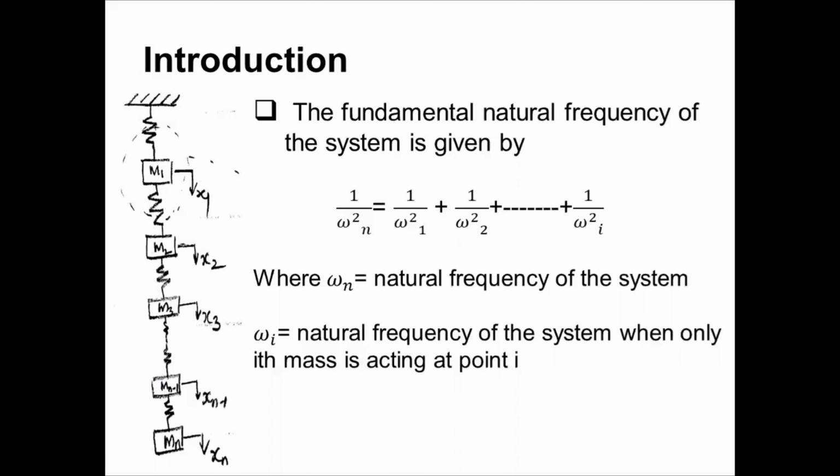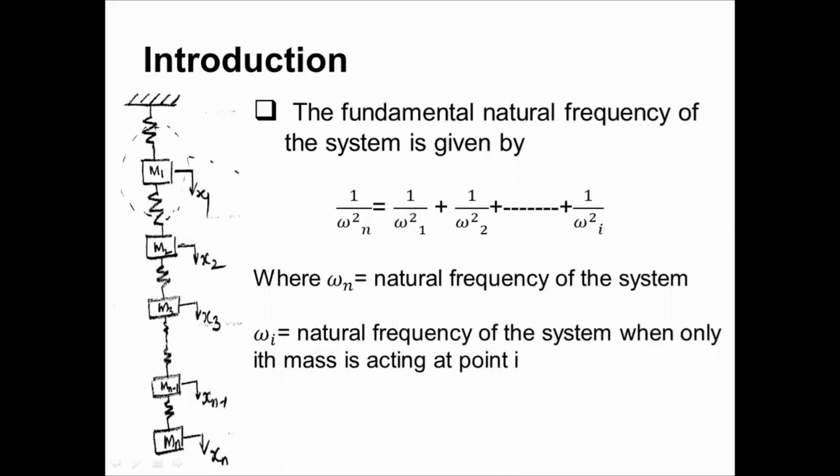The important thing here is you can calculate omega n by first calculating omega 1, omega 2 up to omega i, where i can vary from 1 to n, where omega i represents the natural frequency of the system when only the ith mass is acting at point i.